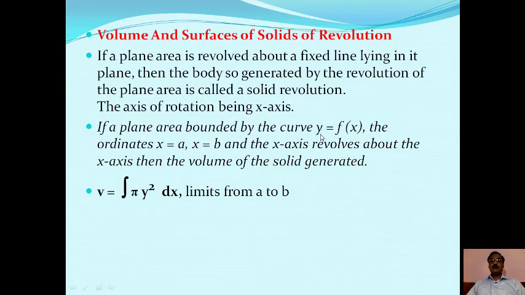We have taken y square equal to 4ax in the last example of this presentation. So we can see that V equal to pi y square dx, limits from a to b.